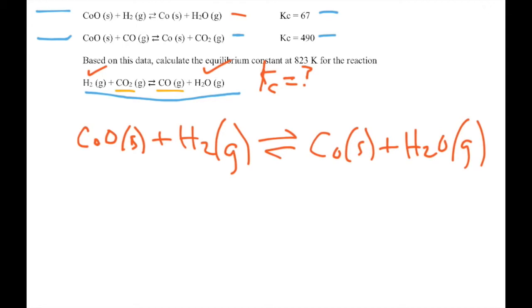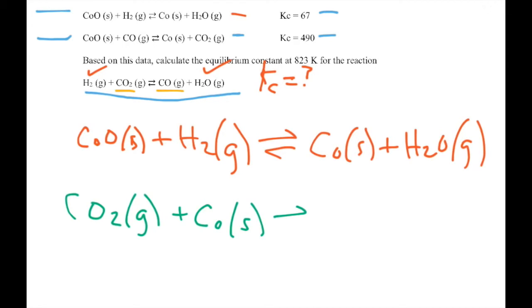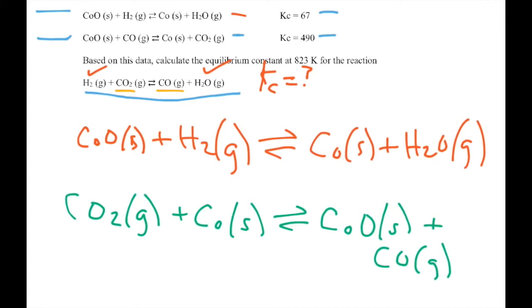So our second reaction will be CO2 gas plus CO solid will give us cobalt oxide plus CO2 gas. So we just took the second reaction and we inverted it.